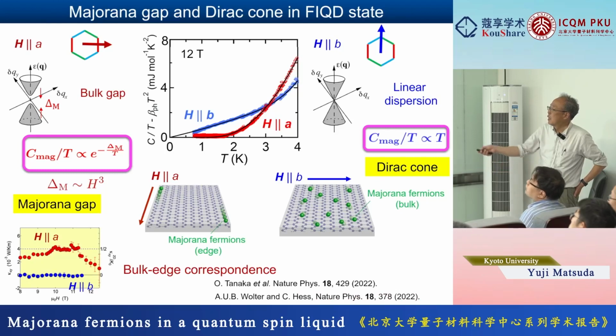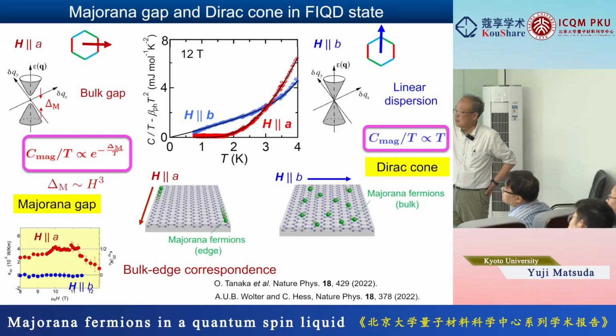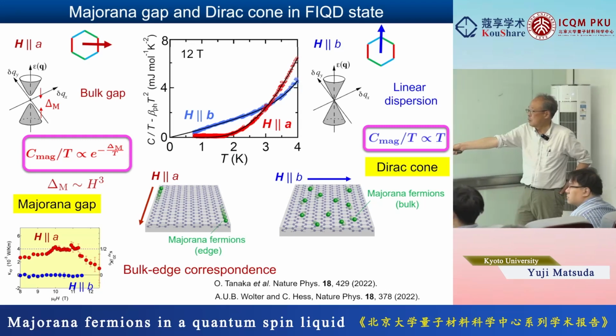Okay, summarizing the results on the Majorana gap from specific heat: if the magnetic field is applied parallel to the a-axis, we observe gapped behavior. So the gap opens in the bulk, and this gap is proportional to H cubed, consistent with a Majorana gap.